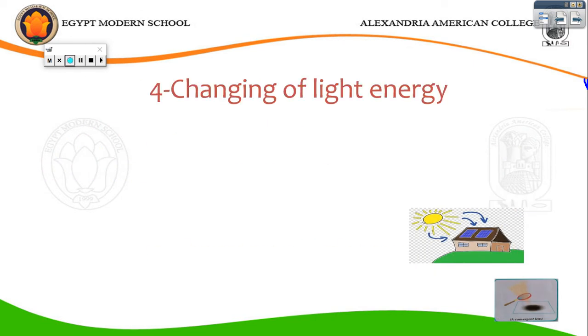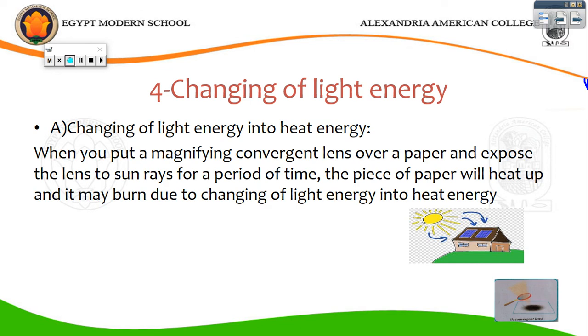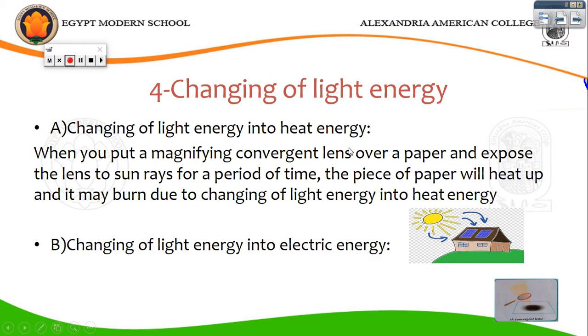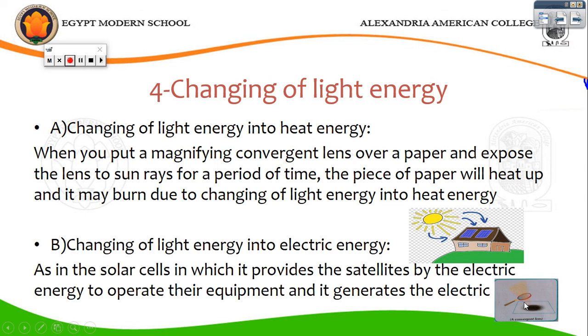Changing of light energy into heat energy, like this image. When you put a magnifying convergent lens, it's a lens that collects the light inside it and focuses it on one point.